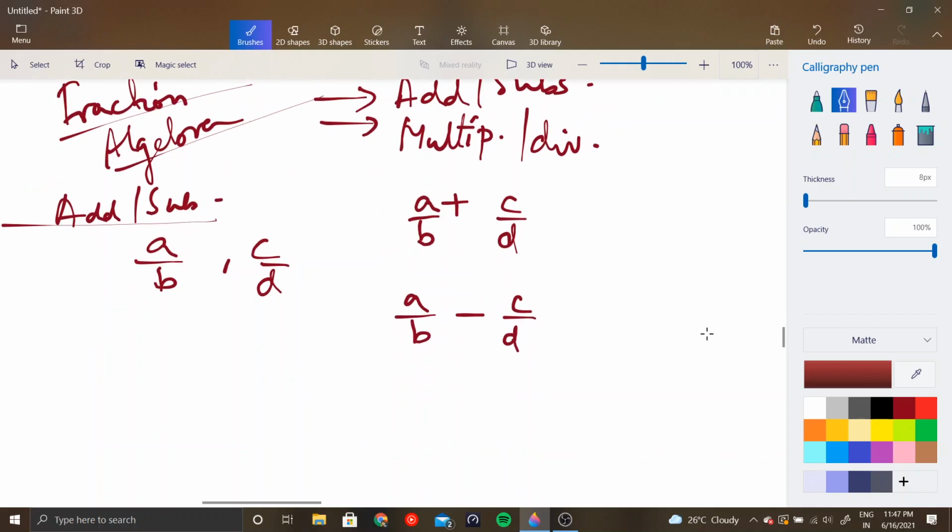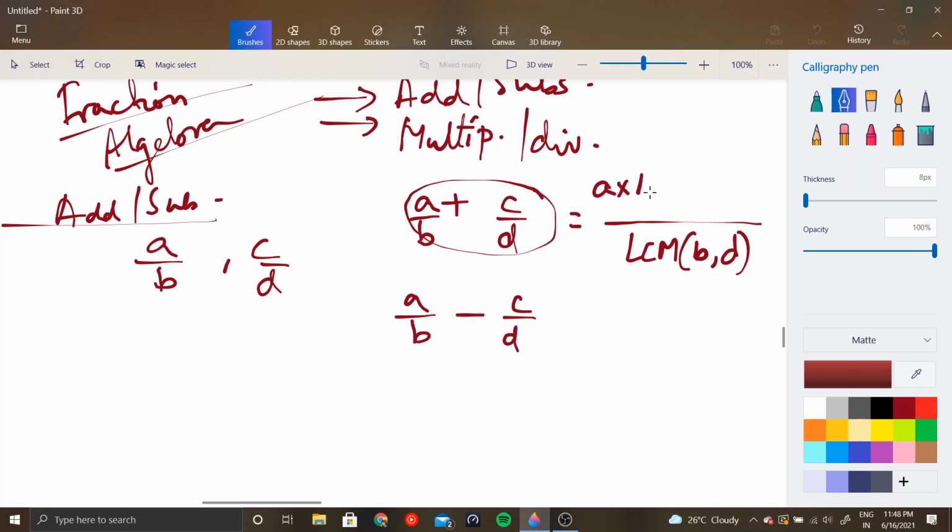Algebra is different, right? So what you need to do is, firstly, when you are adding two fractions, compute the LCM of the two denominators b and d, correct? Now multiply a with LCM by b and multiply c with LCM by d, right?